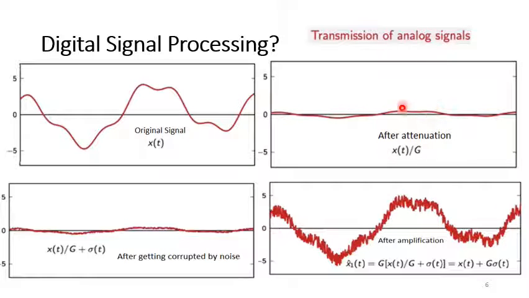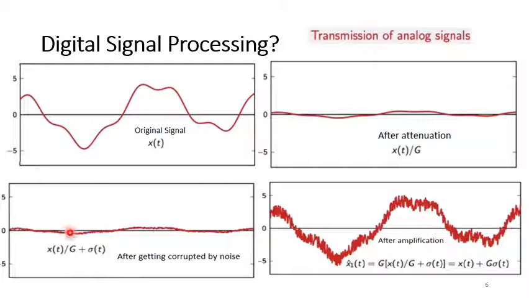We represent the attenuation by 1 over g. So the original signal was x of t, and the received signal is x of t divided by g, right? So one thing is that it will suffer from attenuation.